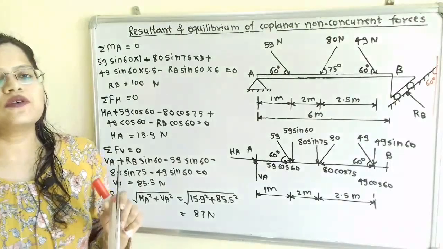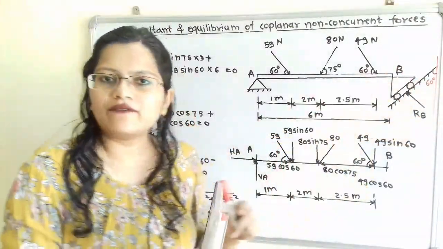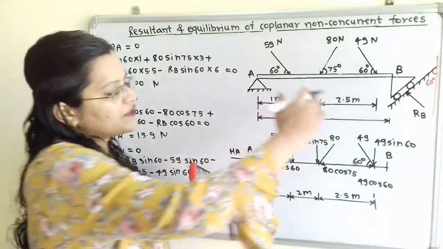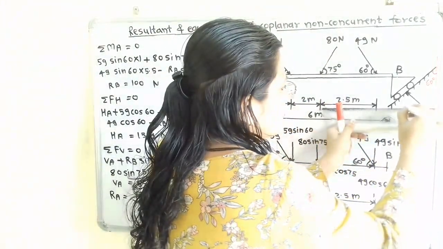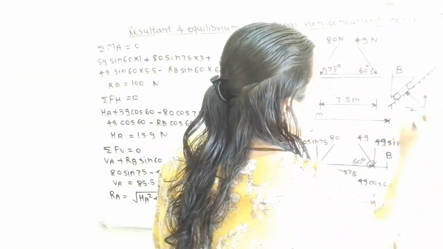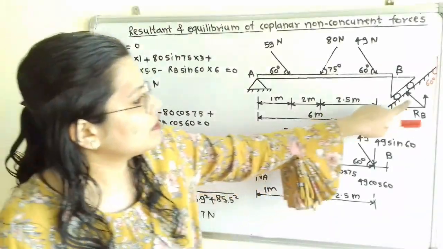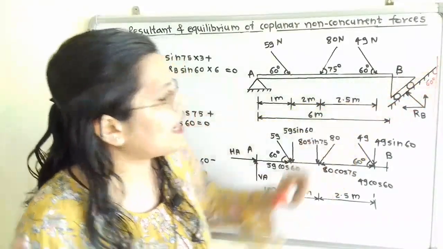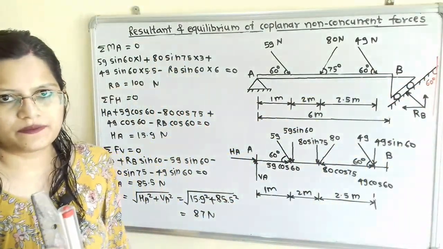Now we have to split this RB into two components, horizontal and vertical. Because if we observe, this is the inclined line, so I will split it into horizontal and vertical components. Now how to find out its value? If we observe, this inclined line is making an angle of 60 degrees with the horizontal.